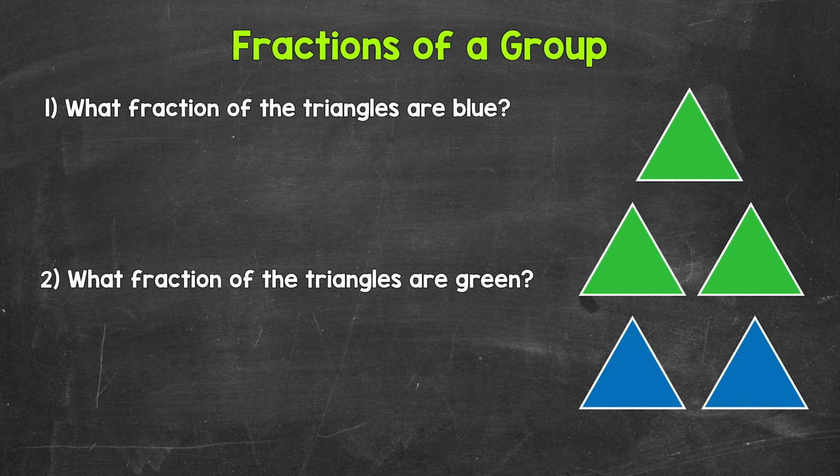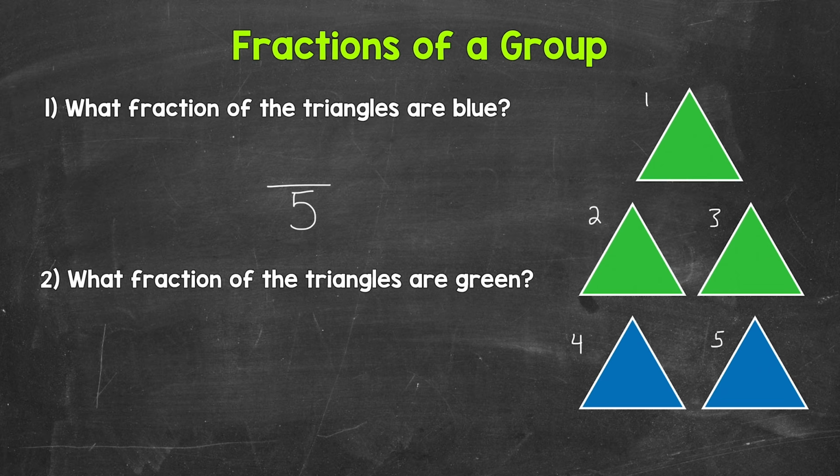So for number 1, we need what part of that group is blue? Well, let's start with the denominator. The denominator is going to be the total number of parts in the whole group. That's going to be the total number of triangles here. We have 1, 2, 3, 4, 5 total triangles. So that's going to be our denominator.